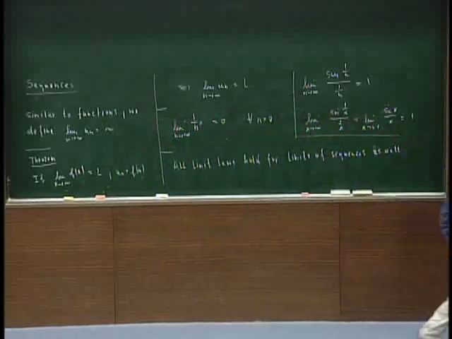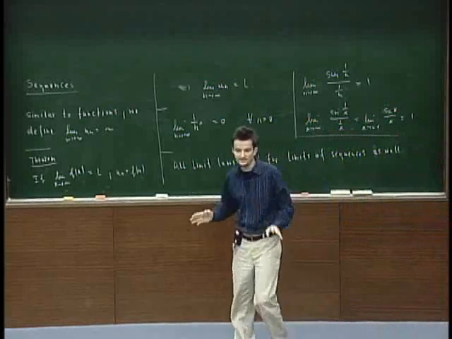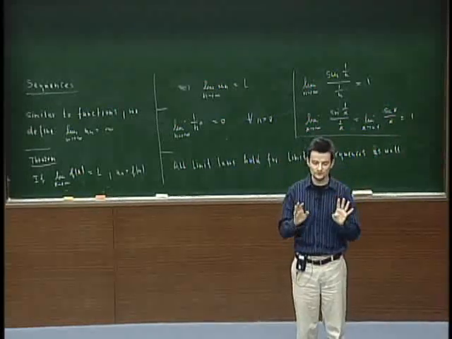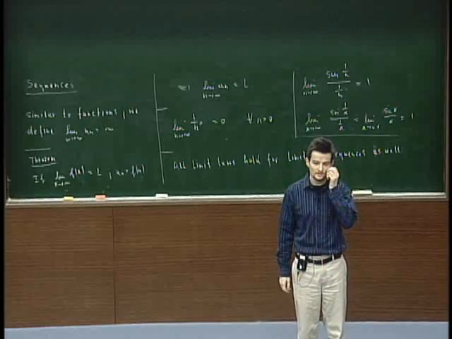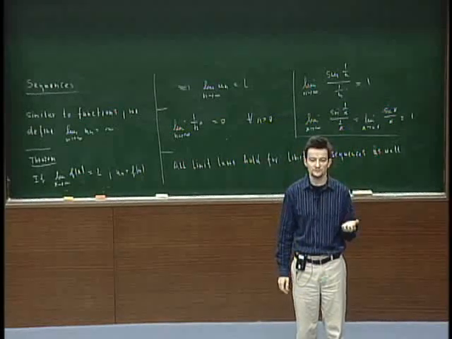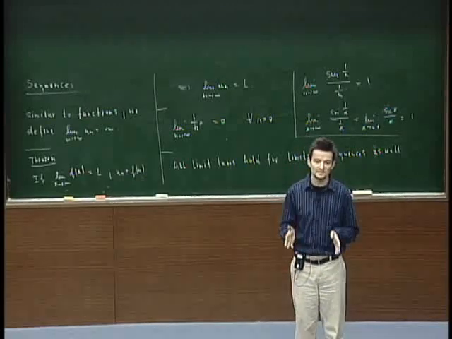Okay, so any questions to this? Essentially, sequences are just functions, where the domain is the natural numbers. In chapter 2, we looked at functions where the domain is the real numbers, so the limit here is a little bit different, but from the definition you see already that they are very similar.